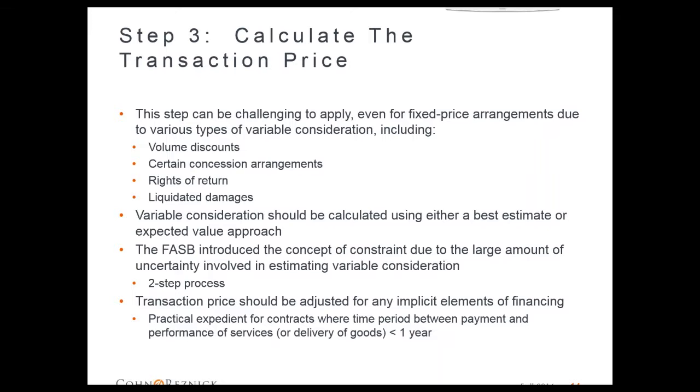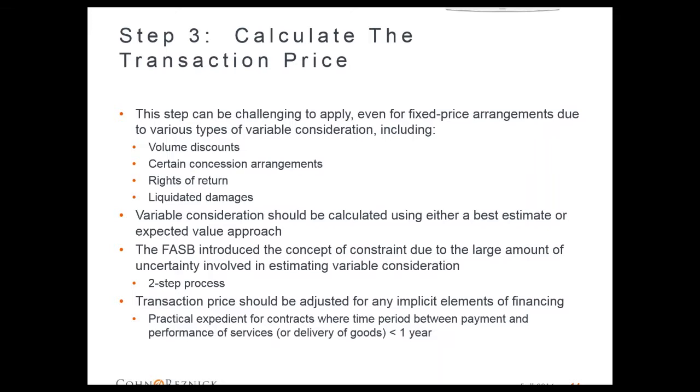When developing the ASU, the FASB acknowledged that there can be significant uncertainty involved in estimating variable consideration. As a result, the FASB introduced the concept of constraint, specifying that variable consideration only be included in the transaction price to the extent that it's probable that a significant reversal won't occur.